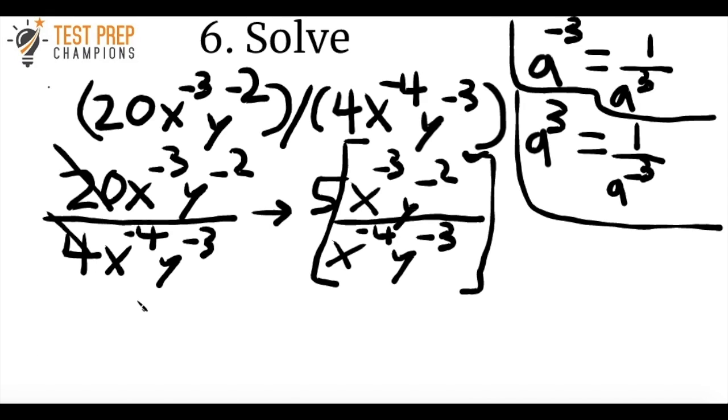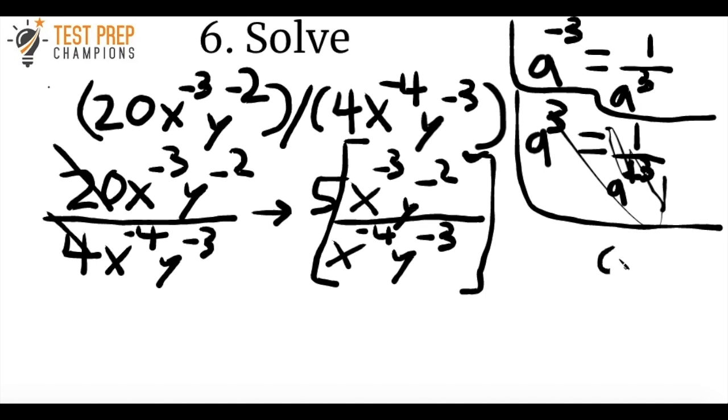Now what we can do here is take this x raised to the negative 4 and y raised to the negative 3, and apply these power rules. Again, a raised to the positive 3 is equal to 1 divided by a raised to the negative 3. Let me rewrite this one, make it a little cleaner to understand.